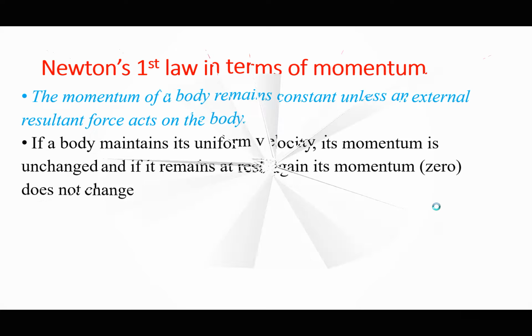Let us also talk about the second law. Newton's second law expressed in terms of momentum. So remember, the second law stated that if the mass is constant, force was directly proportional to the acceleration. That is, the net force was directly proportional to the acceleration, and they acted in the same direction.